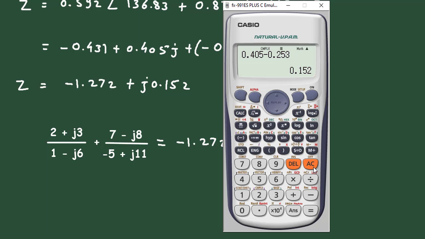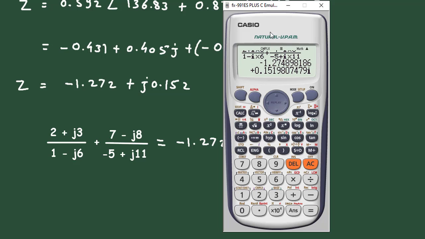Here we write 2 plus j3 divided by 1 minus j6, then plus 7 minus j8 divided by minus 5 plus j11.